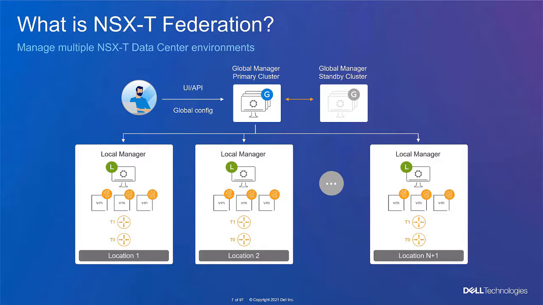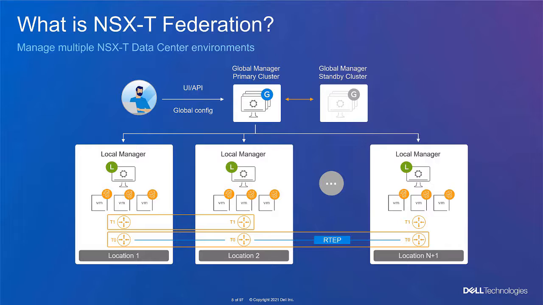To be able to implement the NSX-T Federation, we need to implement this additional network, which is the RTEP network, the remote tunnel endpoint, and what it does is it carries the encapsulated traffic across the sites.